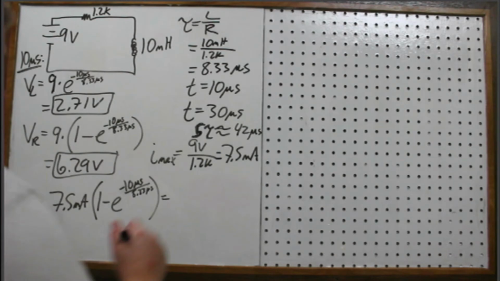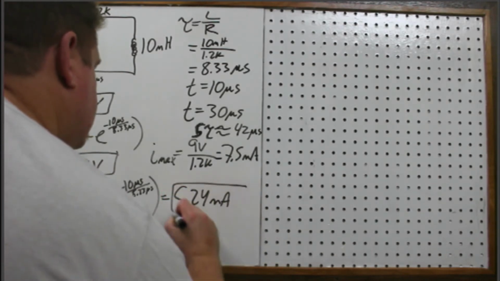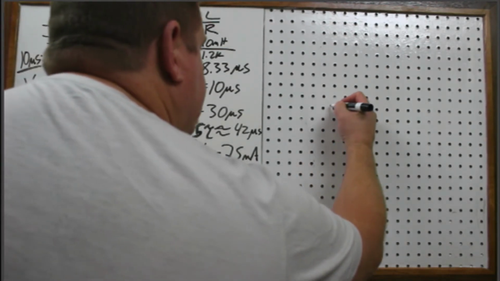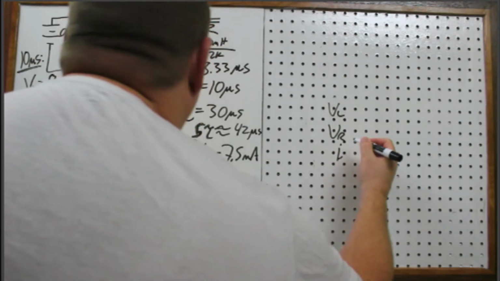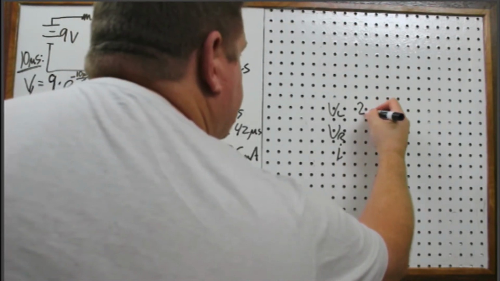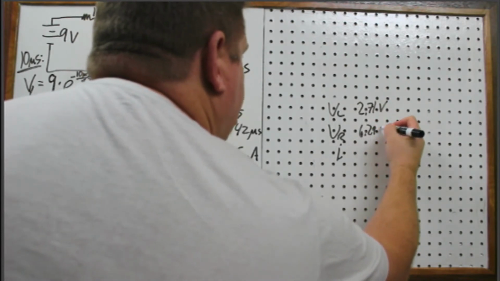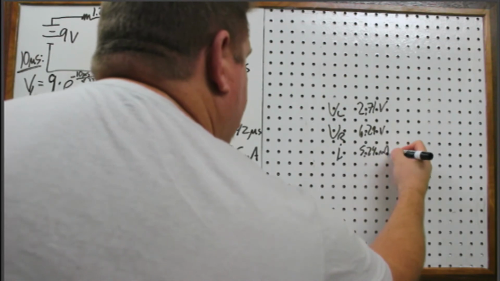And I come up with 5.24 milliamps. Okay, so there are our 3: the voltage on the L, the voltage on the R, and the current. We had 2.71 volts, 6.29 volts, and we were at 5.24 milliamps.